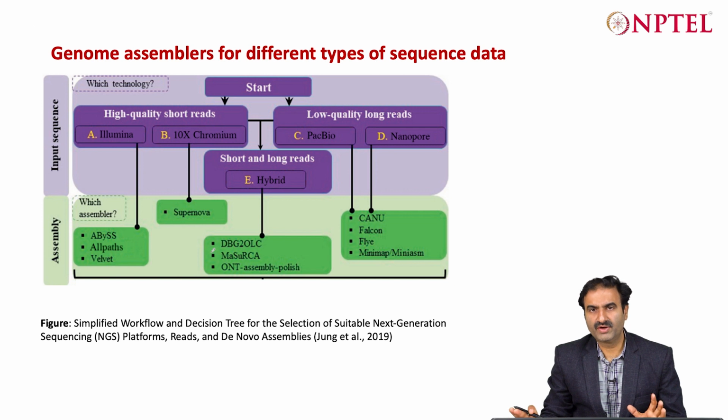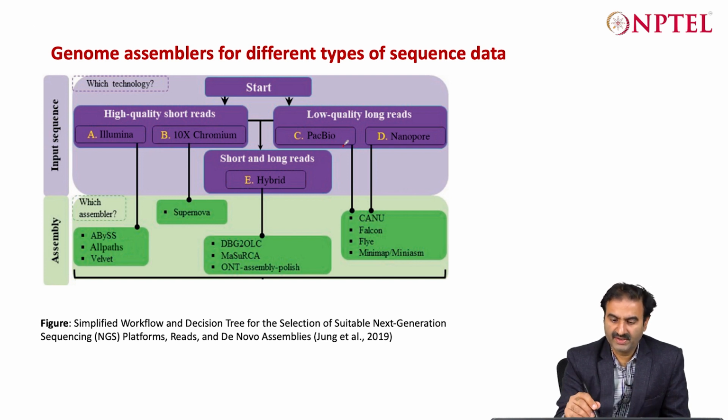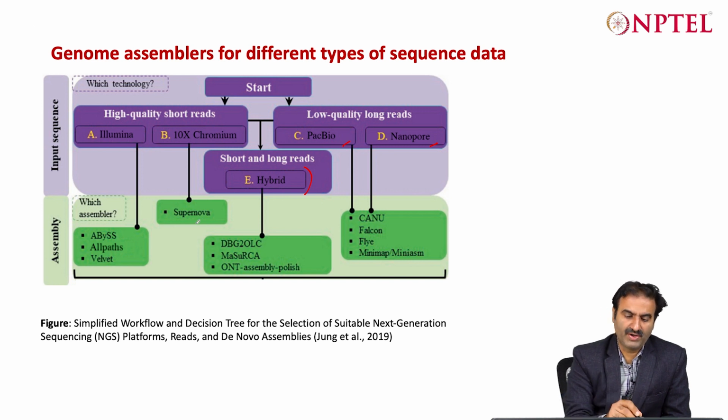Okay, so basically the overall schematic chart looks like this. You take the genome, do the sequencing, and produce short reads or long reads, with either of the instruments: Illumina or Chromium, that is linked reads, for short reads, and long reads by PacBio or Nanopore. Then long and short reads together are used in a hybrid approach, where either DBG to OLC, De Bruijn graph to overlap layout consensus, MaSuRCA or ONT assembly methods are there.